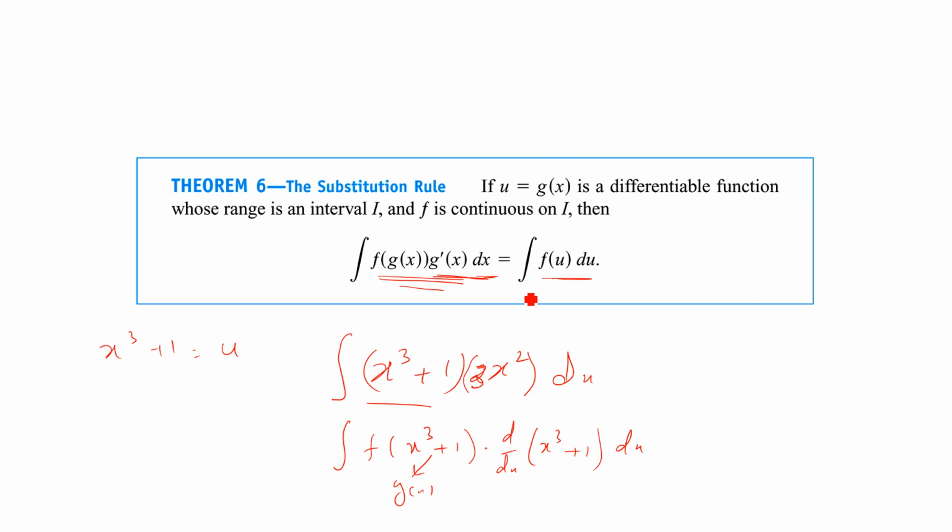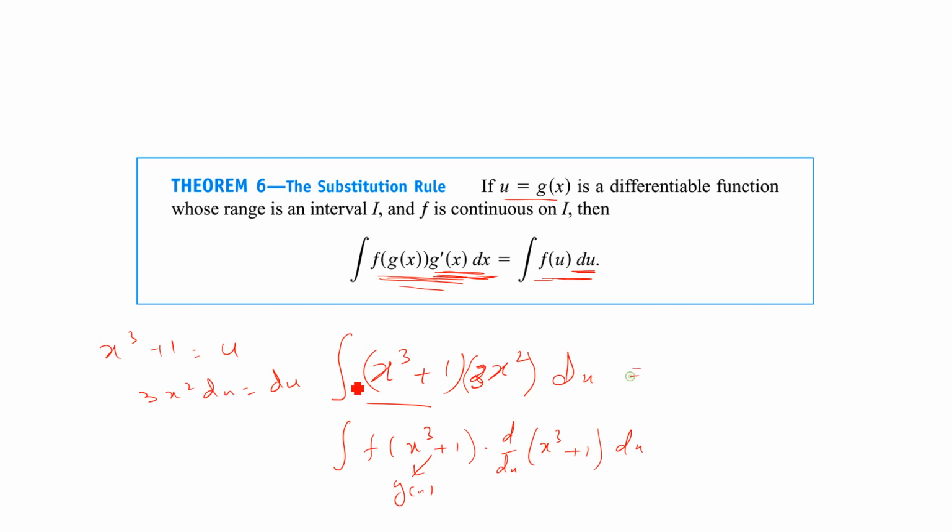This is the first rule of transformation. If you make a substitution, you have to convert the old variable into the new variable, and convert this differential into the new differential. So if x cube plus 1 is equal to u, then 3x square dx is equal to du. This is how the whole integrand is converted into u.